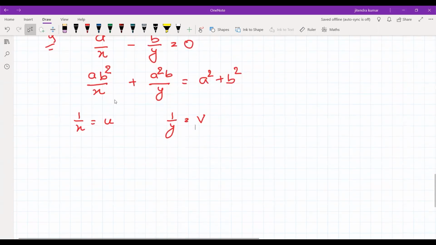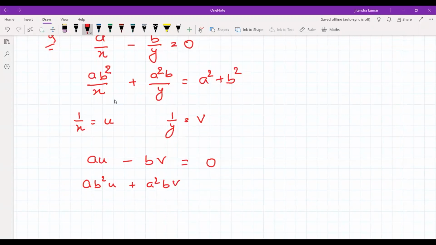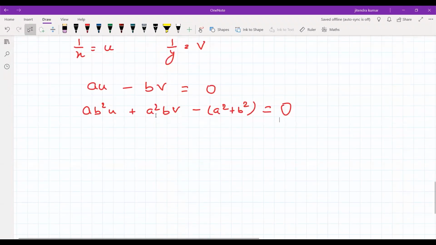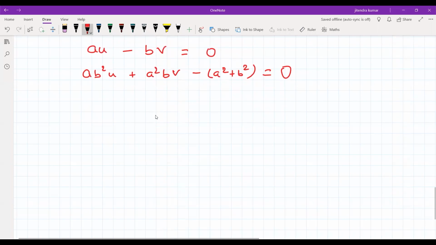So now we'll have two equations: au minus bv is equal to 0, and ab square u plus a square b v is equal to a square plus b square, so let's write it as minus (a square plus b square) equal to 0. These are our two equations now. We have to find the value of u and v first in terms of a and b.